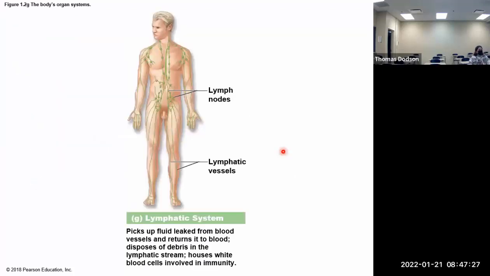A new piece of information, which I may or may not remember to tell y'all later, but I'll tell you now. As you can see in this picture, they don't show the lymphatic system going up into the head. Not too long ago, we thought the lymphatic system did not extend up into the skull region around the brain, but they have now found very small lymphatic vessels in the head.